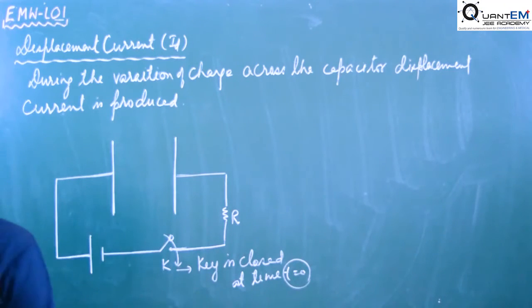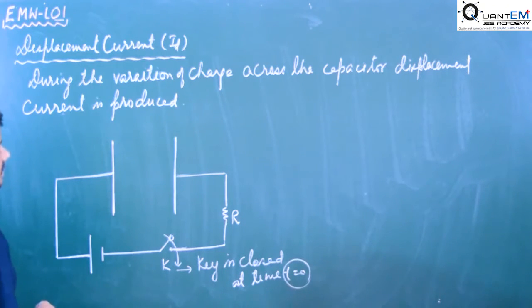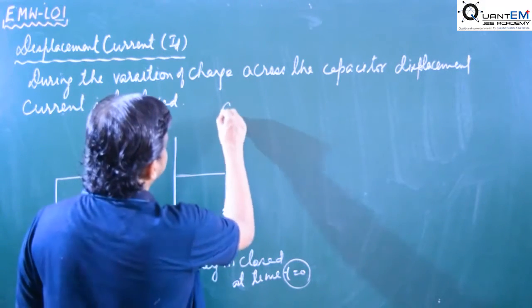Okay, so now see, after the key has been closed, the charge across the plates increases from 0 to maximum.